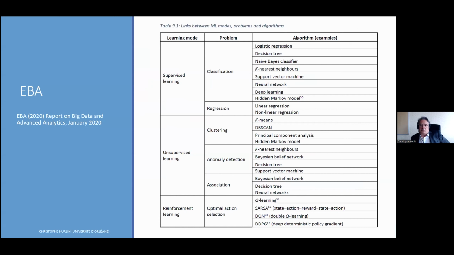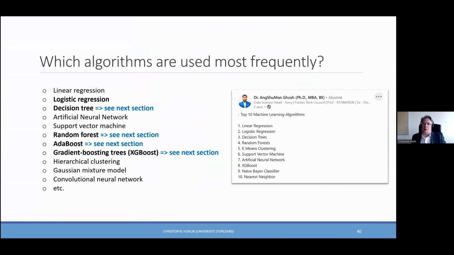This is another table, for the type of algorithm. At this stage it is not just an overview of the algorithms, but which algorithms are used most frequently. This is a difficult question. You can find on LinkedIn or elsewhere some sources with top 10 machine learning algorithms used, or I can send you different presentations on this point.